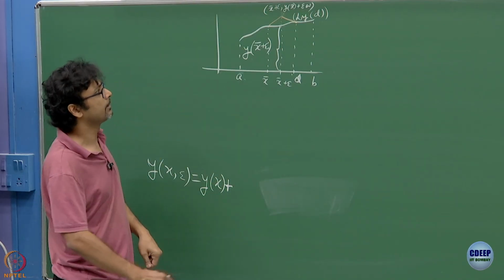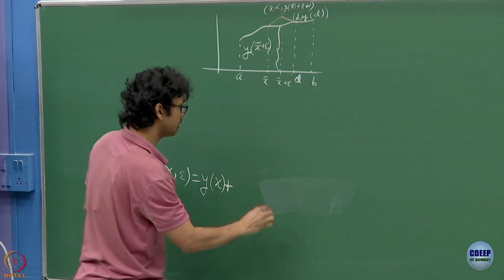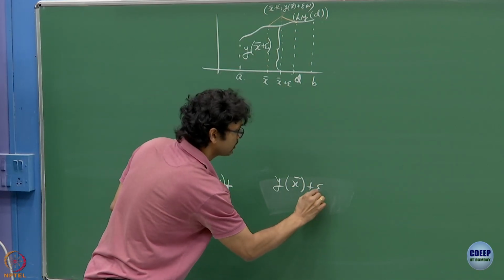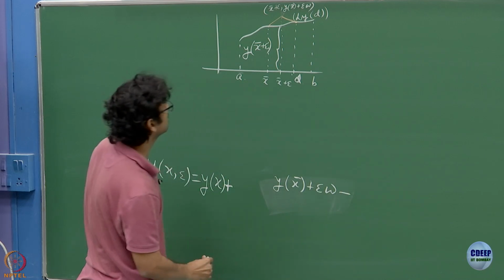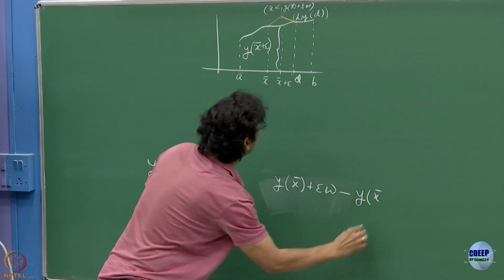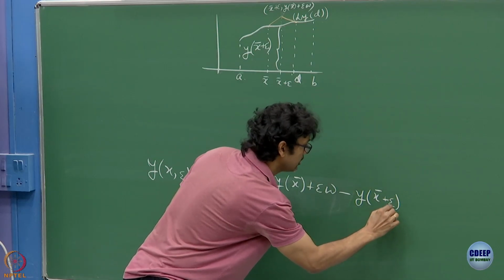So what's the difference then? Look at this, the slope is y(x bar plus epsilon w) minus y(x bar plus epsilon).